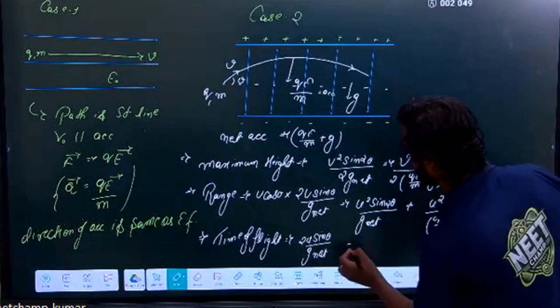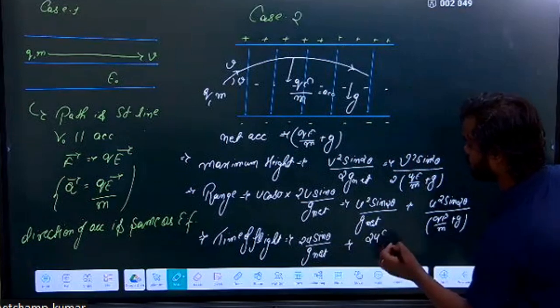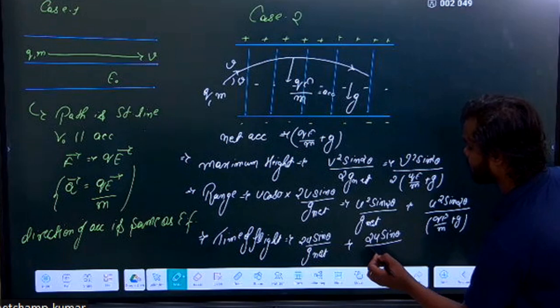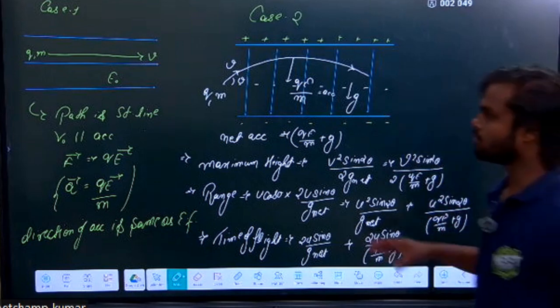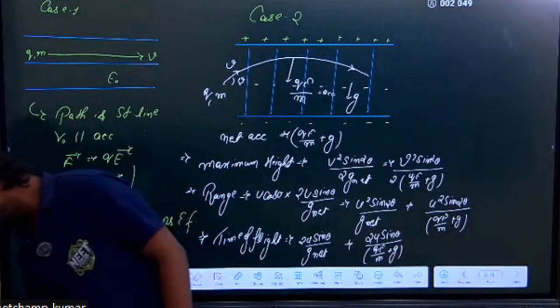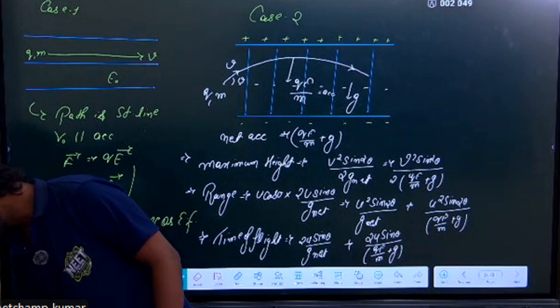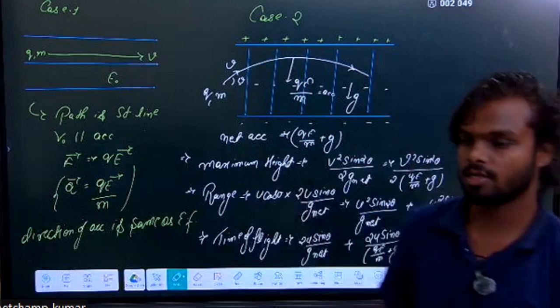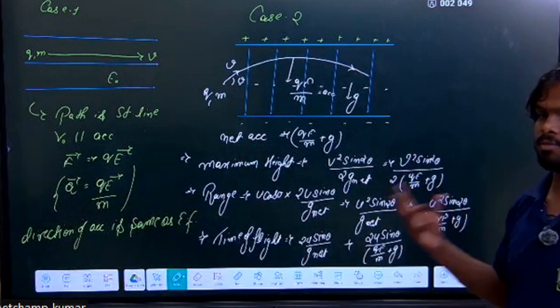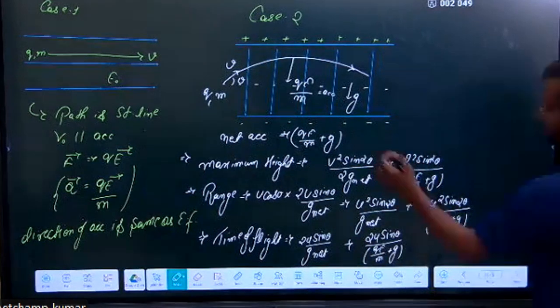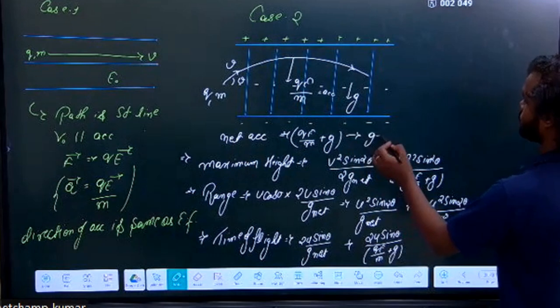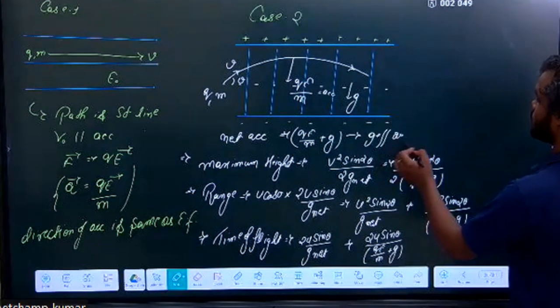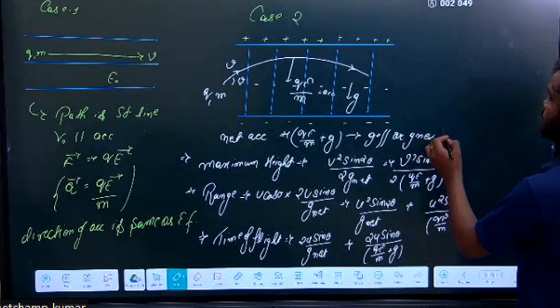So what is G net? Time of flight is 2u sine theta by (QE by M plus G). So these are the different questions that can be asked, as in projectile. Now I hope you are confident with everything. Whatever you have learned, just replace G by G effective, or you can say G net. This is also called G effective, G effective or G net, whatever you like.